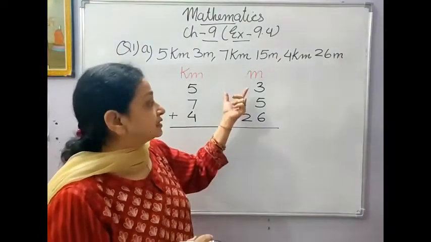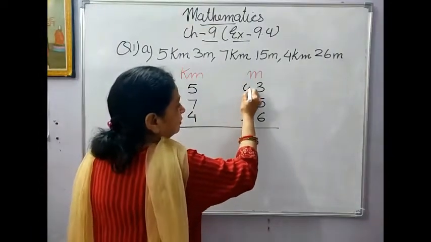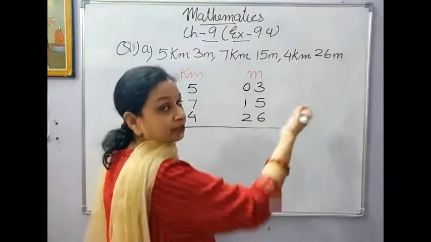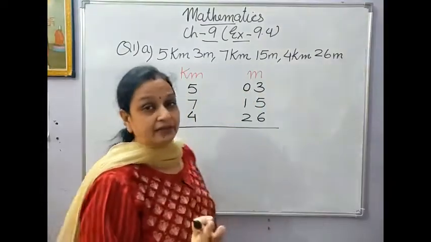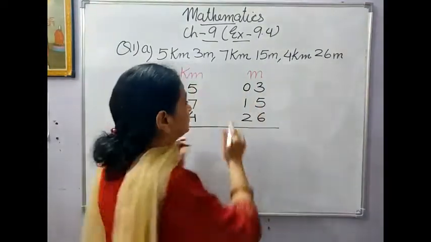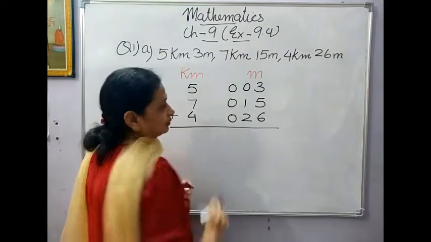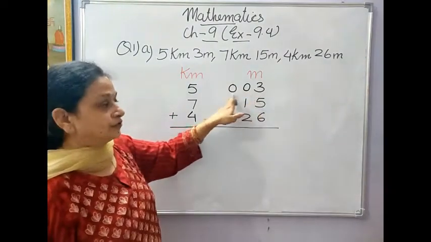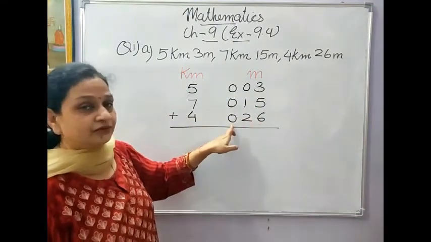Since there are not 3 places, we will be adding 0 on the left side, don't put it on the right side. Because this is 3 meters, it is not 300 meters. There were only 1 digit, so we have put 2 zeros. There were only 2 digits, so we have put 1.